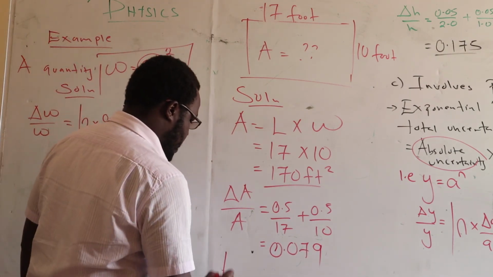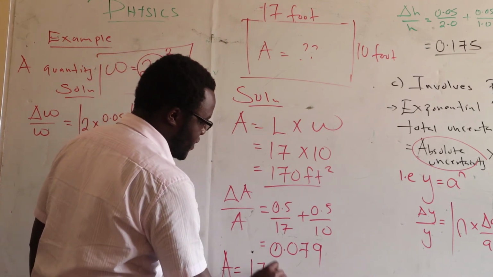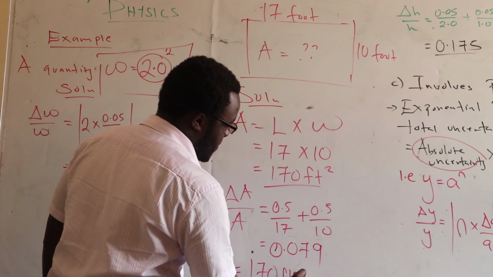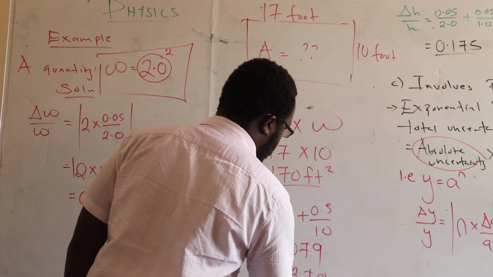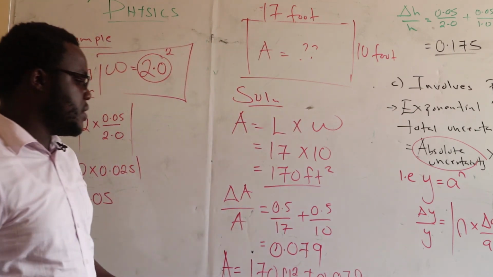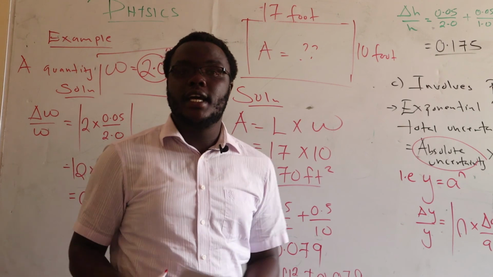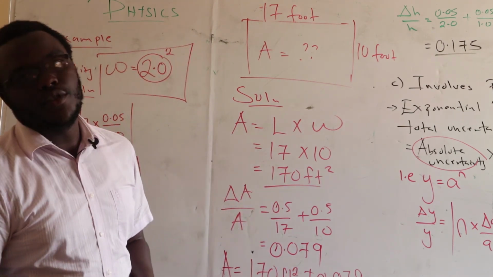Therefore, our answer for the area should be given as 170 feet squared plus or minus 0.079, in case you want to consider the uncertainties involved during the measure.